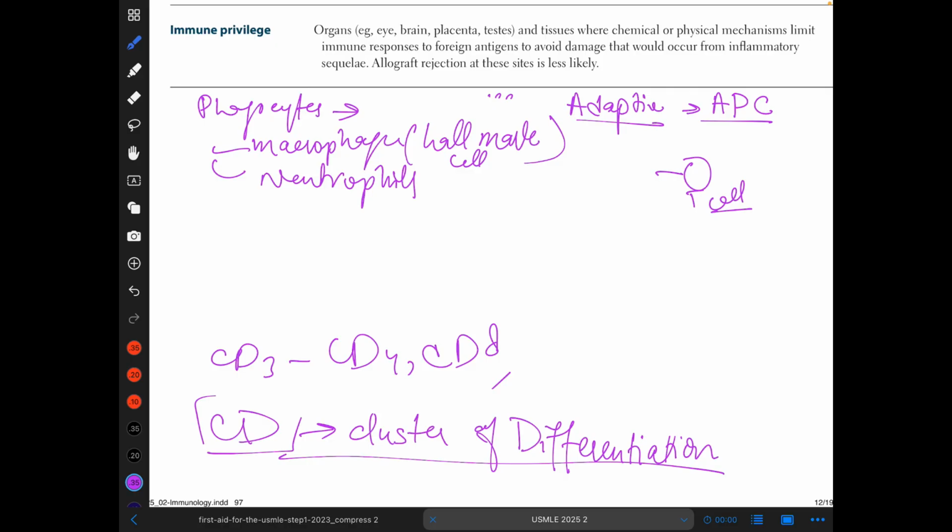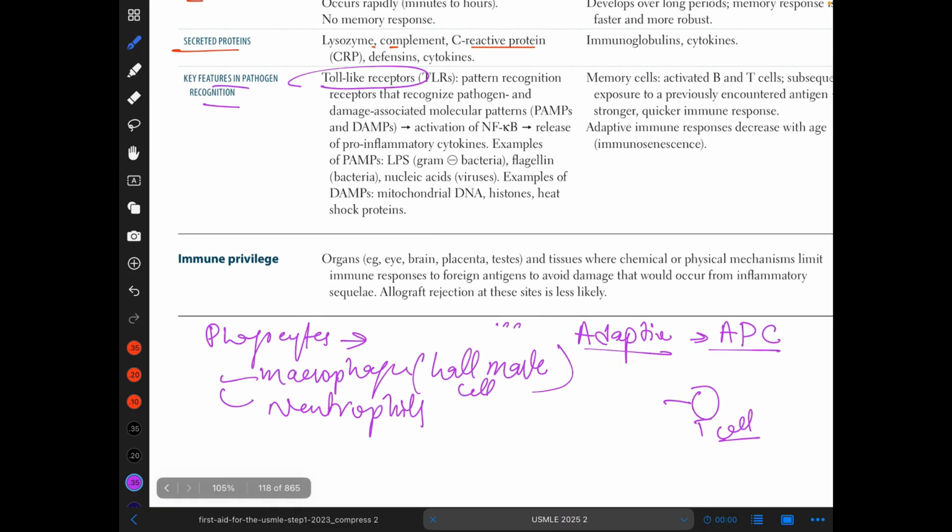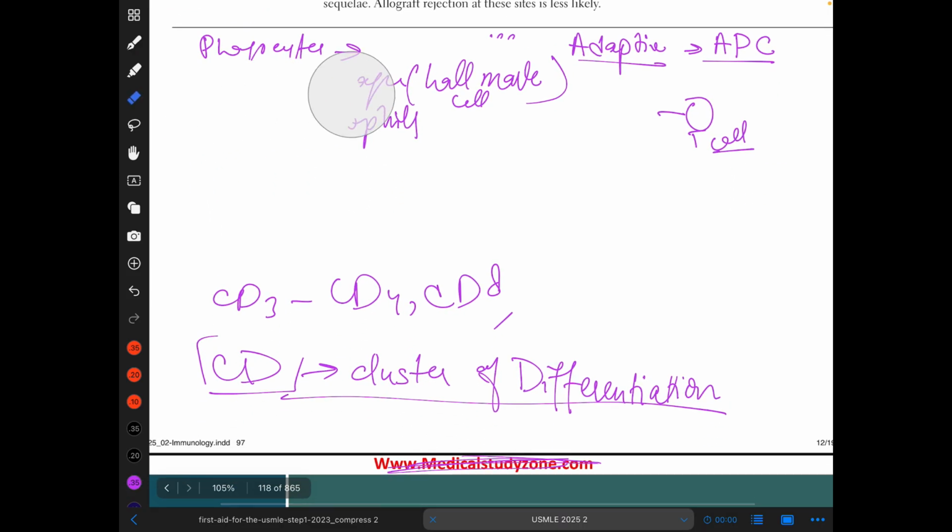They recognize molecules that are foreign, the pathogen associated molecular patterns, and they use pattern recognition receptors. A key receptor class in innate immunity is the toll-like receptor. Macrophages, dendritic cells and mast cells recognize the PAMPs and secrete cytokines. In innate immunity, you already know the key features of the pathogen mechanism, but we have to know about the macrophages.